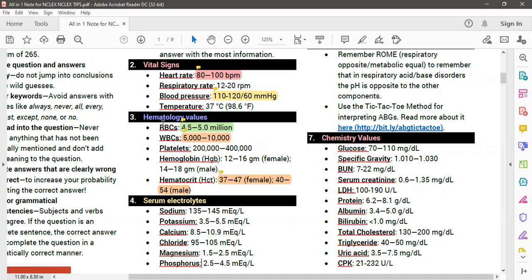Now, let me talk about some hematological values. Hematology means blood values. First one is the red blood cell, shortly called RBC. Red blood cells carry oxygen from the lungs to the tissues around your body.